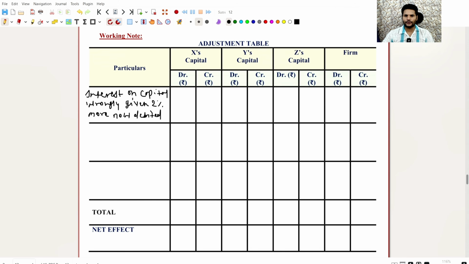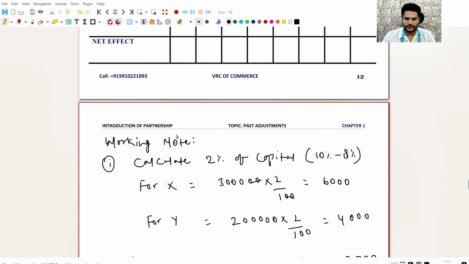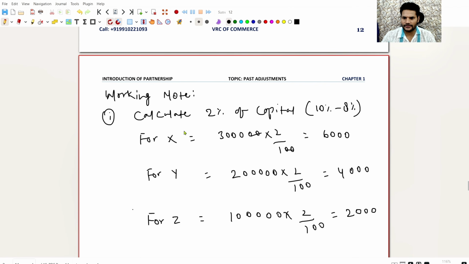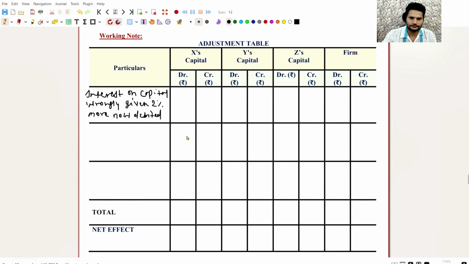So we need to debit the partners' capital accounts and the same will be credited to the firm account. Let's check the values. What is the value of 2% on capital? That is 6,000, 4,000 and 2,000. So 6,000 will be debited, again 4,000 will be debited and 2,000 will be debited.